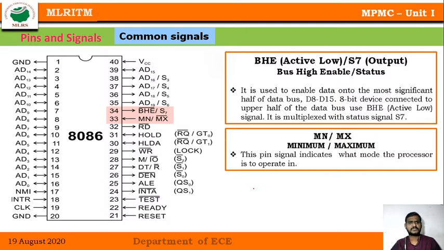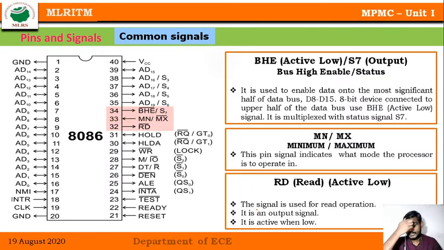When pin 33 is connected to ground, my 8086 processor works in the maximum mode configuration. If the same pin is connected to plus VCC, then it is operating in the minimum mode configuration.